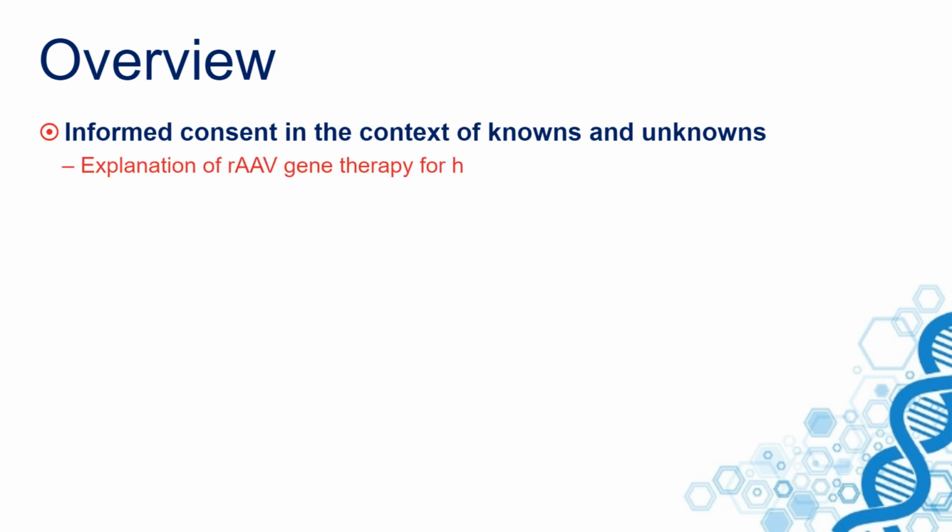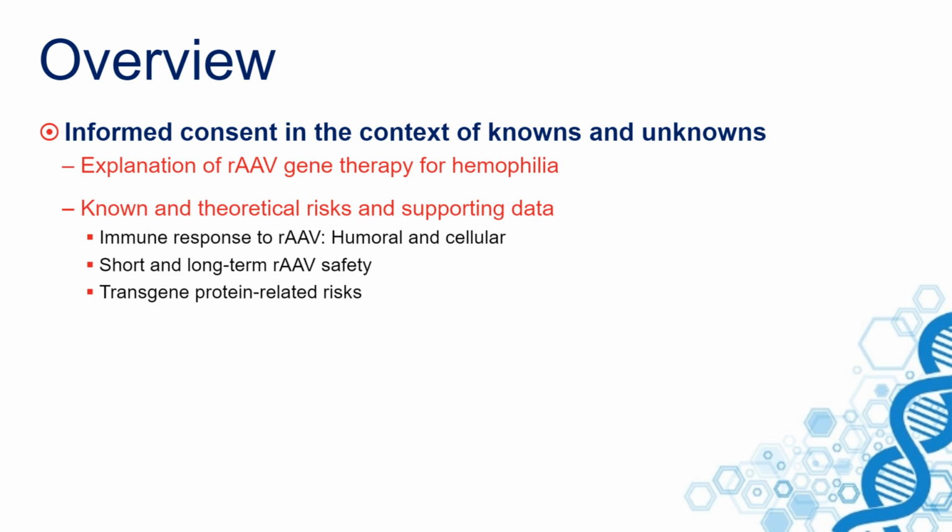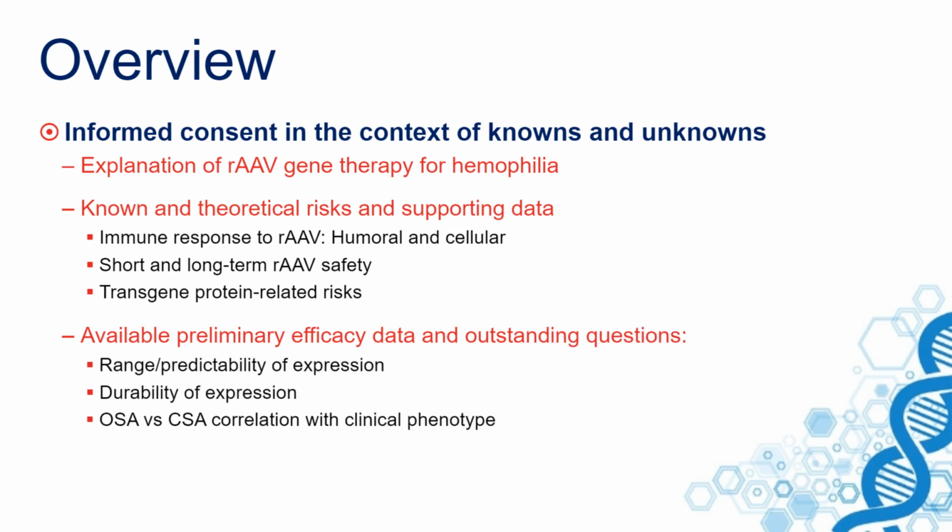It will be broken down as a brief explanation of the use of recombinant adeno-associated or AAV vectors for gene therapy for hemophilia, and then an overview of the known and theoretical risks and supporting data around the use of AAV and the various transgenes, either factor 9 or factor 8. And then, of course, a little bit about what information is already available on preliminary efficacy, which will be framed really in the context of what we know, and then what remain outstanding questions, and then how we are currently going about monitoring patients, which I anticipate will carry forward in the future.